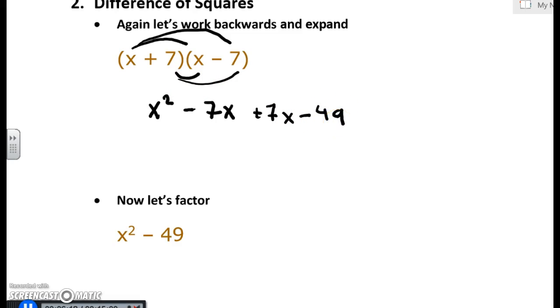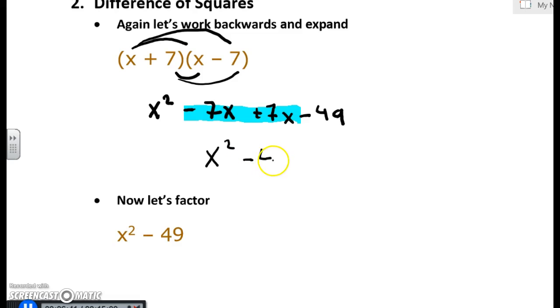I'll combine my like terms, which are the two in the middle, to get x squared, and negative 7x plus 7x gives me a 0, so the middle term actually disappears. I don't have to write it.